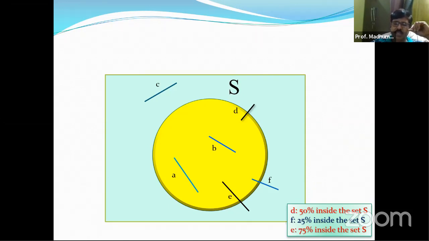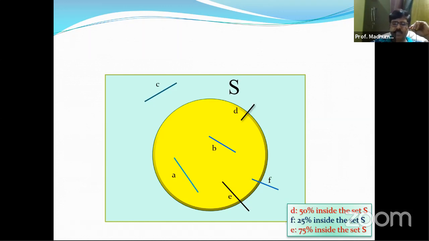That means you can say that A is a 100% member of the set S, B also a 100% member of the set. And what about C? C is fully outside the set. That means you can say that C is a 0% member of the set. So if you introduce another parameter along with the elements of the set A, B, C, D, E, F, that is, the amount of belongingness, then A and B are 100% inside the set.